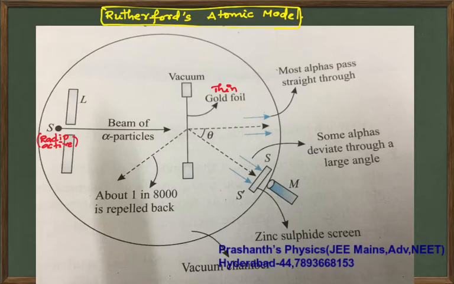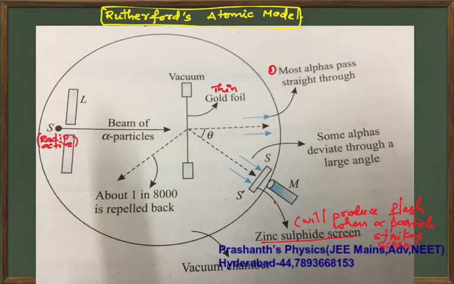This is your zinc sulfide screen. This zinc sulfide screen will produce a flash when an alpha particle strikes the screen.